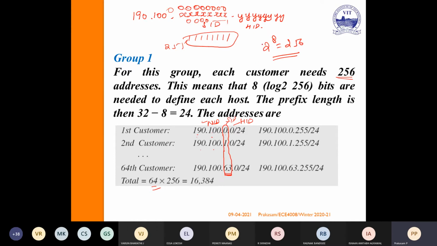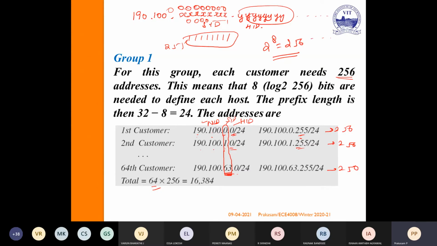Host, again the same thing, each I need 256. So for the first customer, it is 0 to 255, which is 256. Similarly, with subnet ID 1, the host is varying from 0 to 255, 256. Up to the last customer, subnet 63, it is varying from 0 to 255. So for each subnet, the host bits vary from 0000 to 1111.